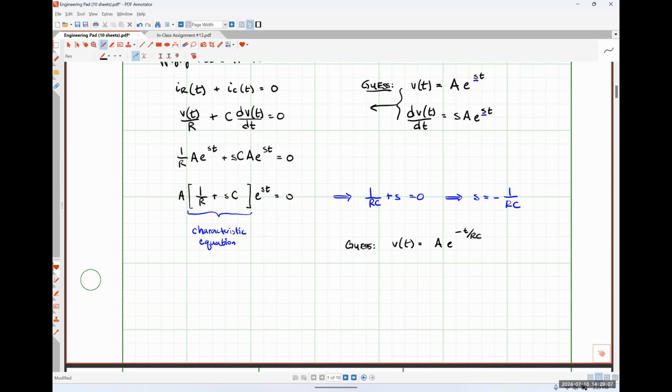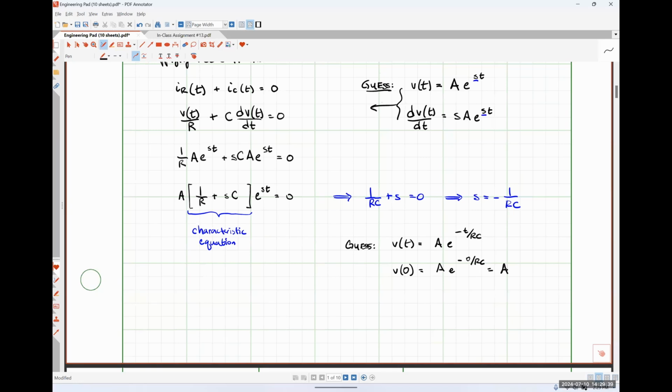So our transition in our system is occurring at t is equal to 0. So if we evaluated this function at 0, we would have v at 0 is equal to A e to the negative 0 over RC, which is just A times 1.